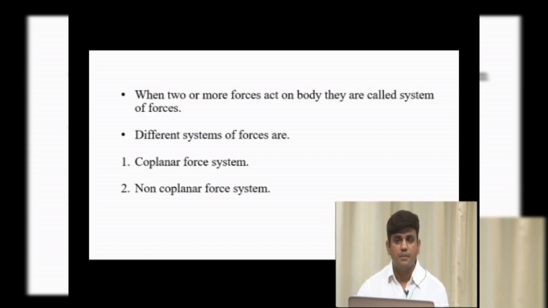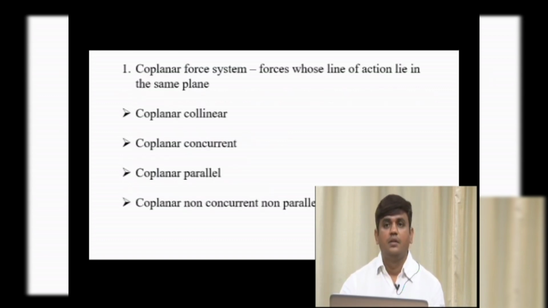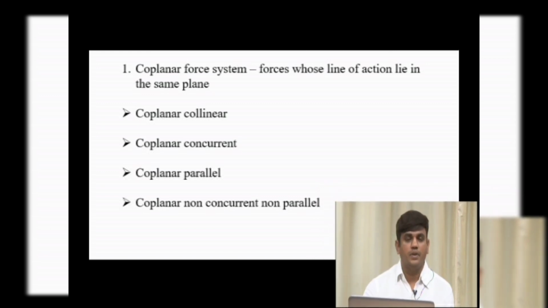As I discussed in the previous slide, the different systems of force are the coplanar force system and the non-coplanar force system. Let us take the first one, the coplanar force system. Forces whose lines of action lie in the same plane are coplanar, otherwise non-coplanar.